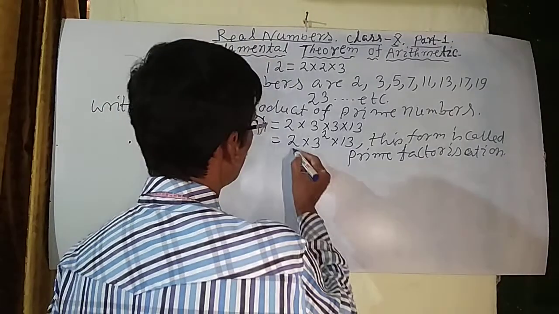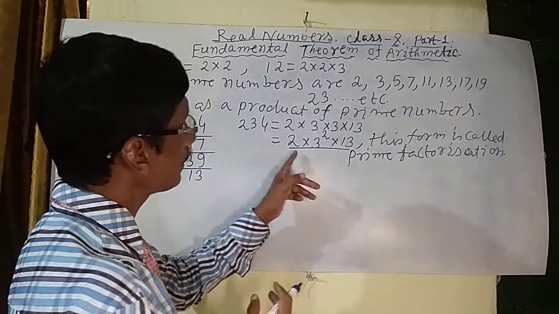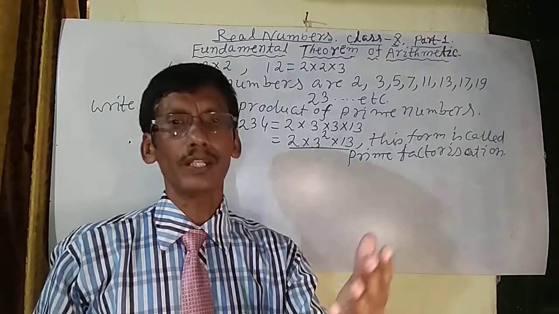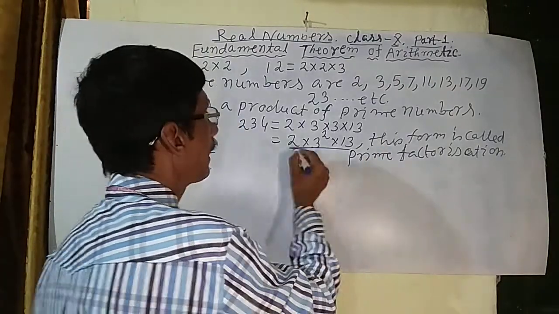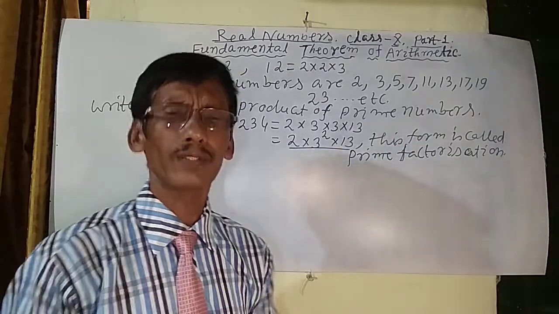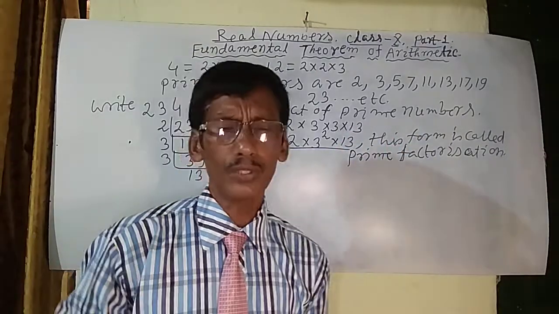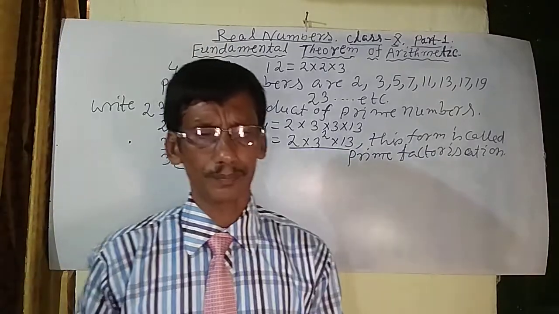This factorization is unique because, as we found this result, another student, another person, if they find it, will also get the same answer if they follow the order. We write 2, 3, according to the natural numbers, so you can follow the order, but apart from the order, it is the same.